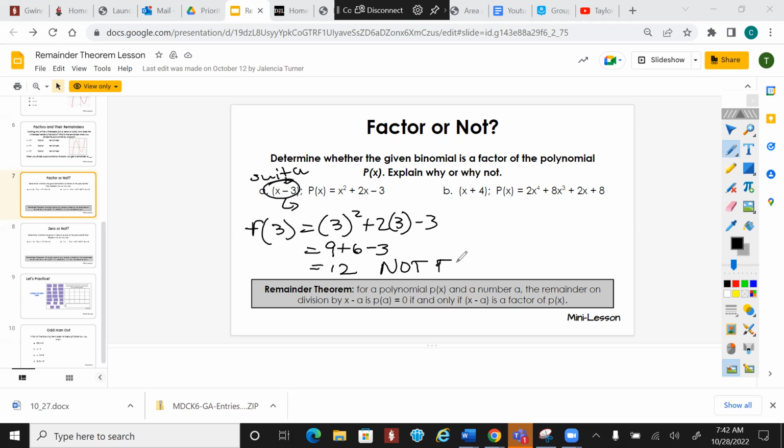So this is not a factor. You also can graph the function, and if the graph is not touching the 3, that means it is not a factor also.